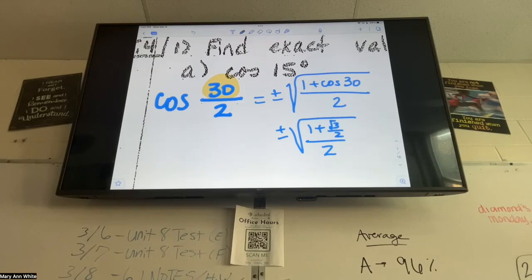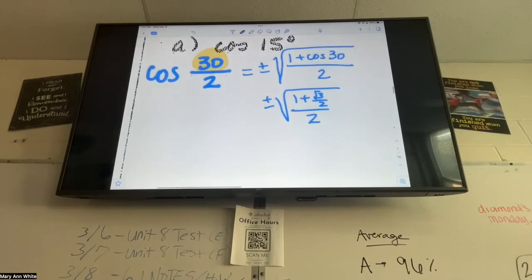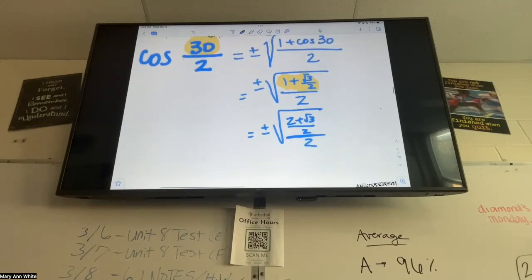We're going to simplify just like we did last time. However, we're going to get some ugly radicals, so we maybe aren't going to go as far as we did last time, but we're going to go as far as we can. So let's combine those fractions, that fraction of root 3 over 2 with 1 on top. So I get plus or minus the square root of 2 plus root 3 all over 2, divided by 2. A mistake we sometimes make is that this radical doesn't go all the way down to the denominator. Everything's under the radical right now.